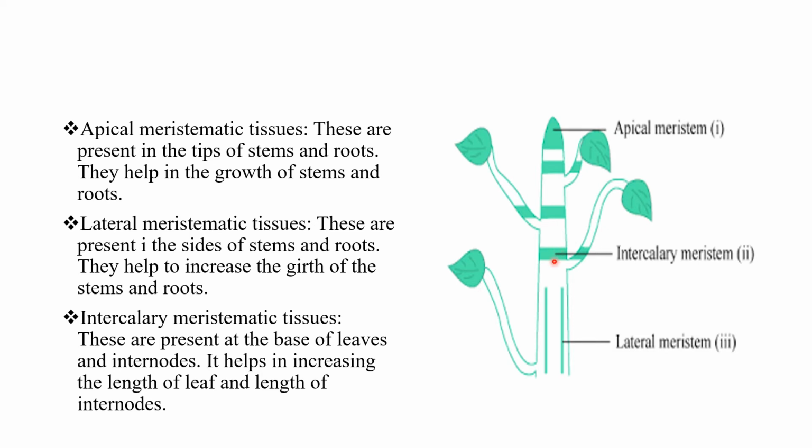I think you know what is node and what is internode. Node means the place where the leaf arises or the branch arises. In between the two nodes is called internode. So in that area this intercalary meristem is found. It helps in increasing the length of leaf and also length of the internode.